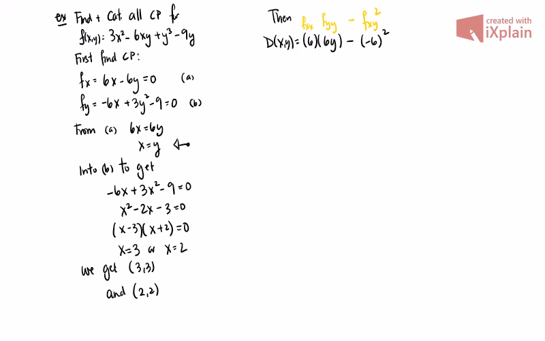Then we check our two points. So we check D of (3, 3). We get 6 times 18 minus 36. That's greater than 0.